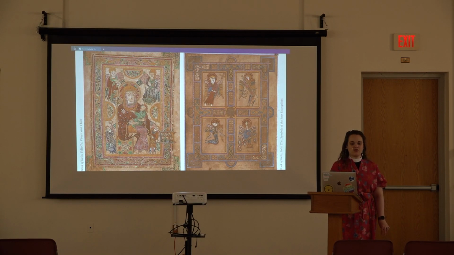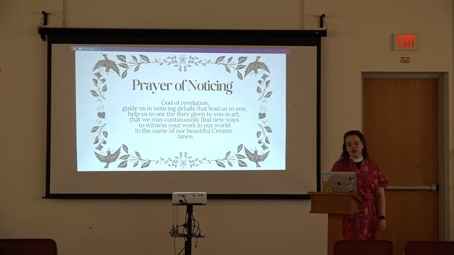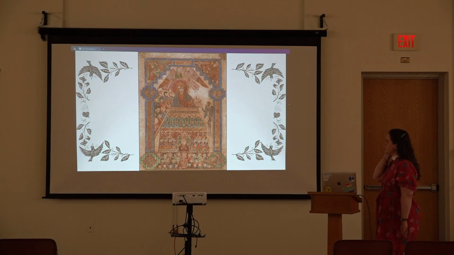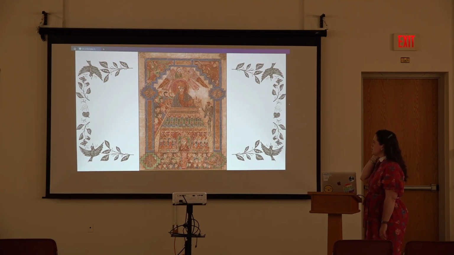I was going to have us do a bit of reflection on another image, but we're just after 11, so I'll just show it to you instead. This is an illustration of the temptation of Christ that we hear right at the beginning of Lent. So this is from the Gospel of Luke. We can see the devil over on the right side. I didn't do big work digging into all of the images here.